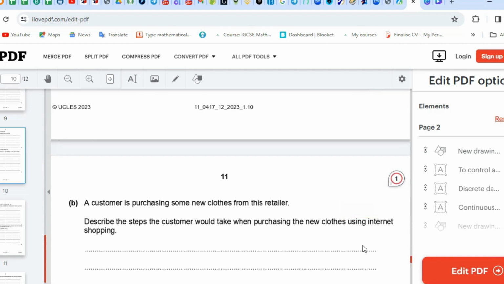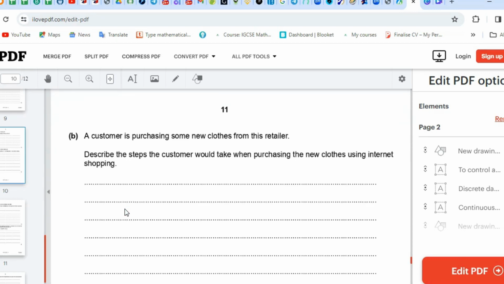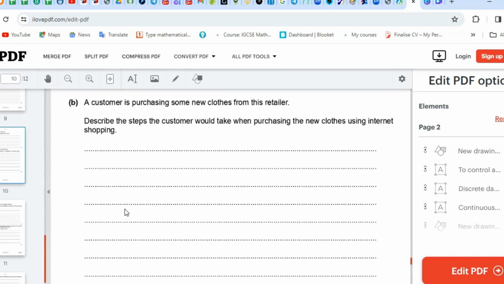11B. A customer is purchasing some new clothes from this retailer that is selling online. You are now told to describe the steps the customer will take when purchasing the new clothes using internet shopping. So what are the steps?